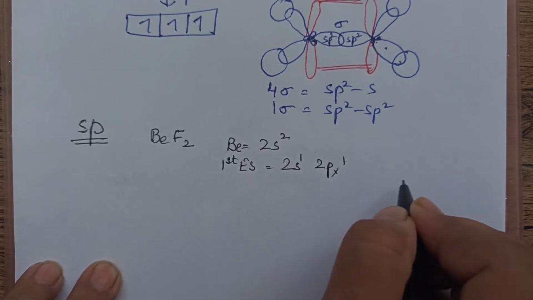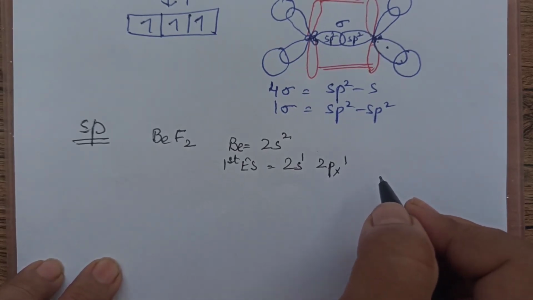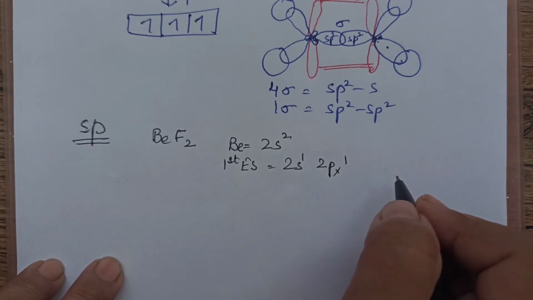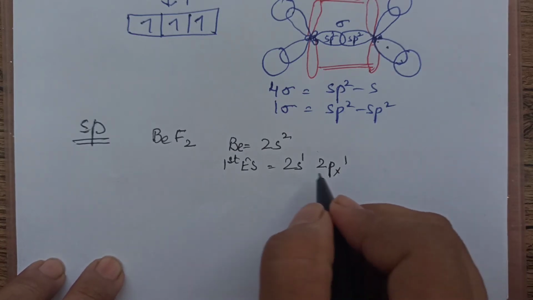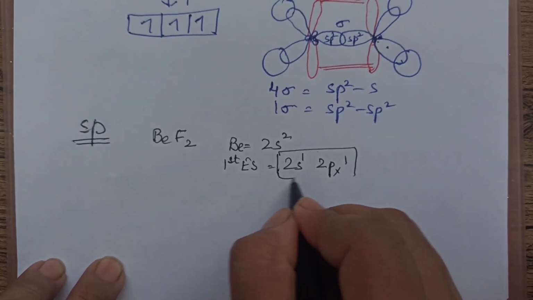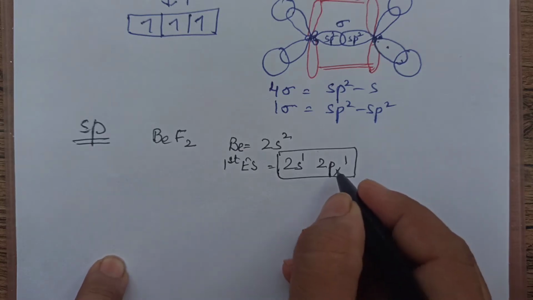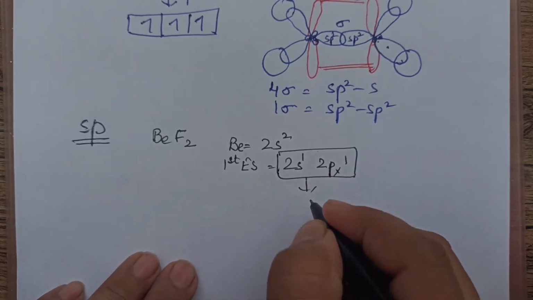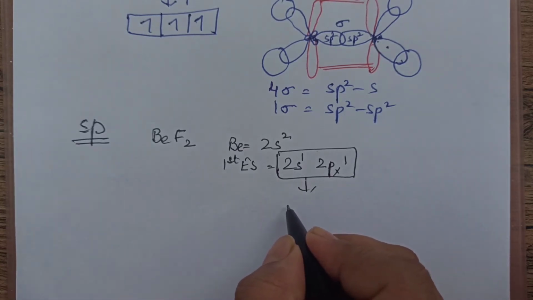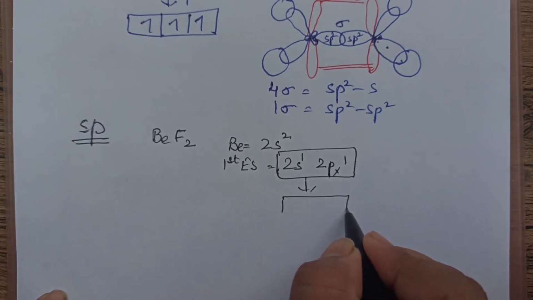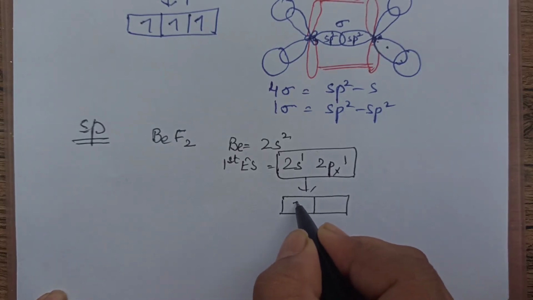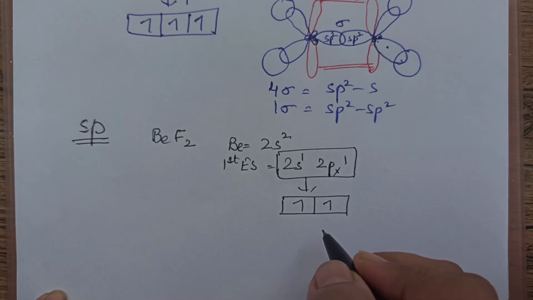Okay, these are all degenerate orbitals. That is just for convenience we write x first and then y and z. So any one of the p orbitals is undergoing mixing. In some books you will find that the internuclear one is intermixing. So s and p now will undergo hybridization. Both these will intermix and result in the formation of 2 sp hybrid orbitals, each having one electron.